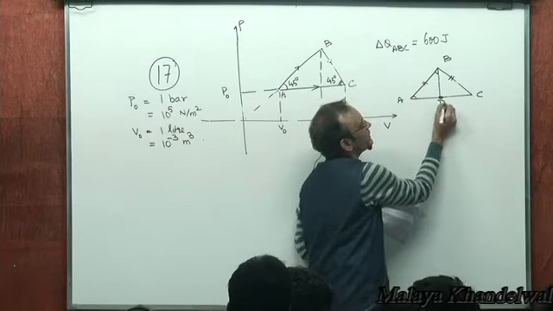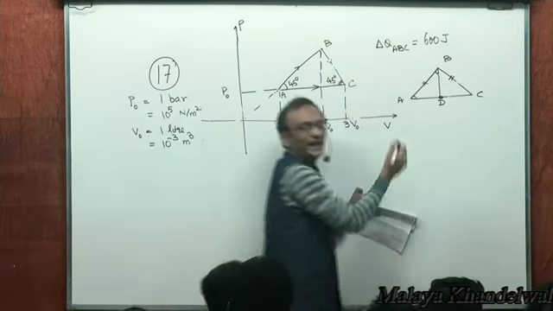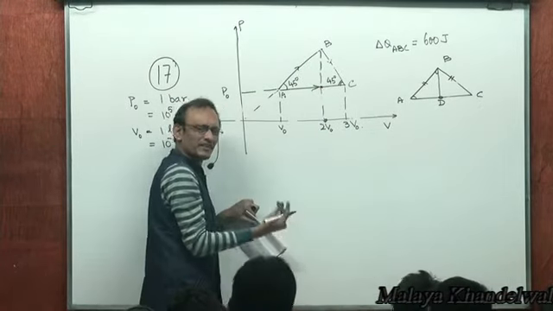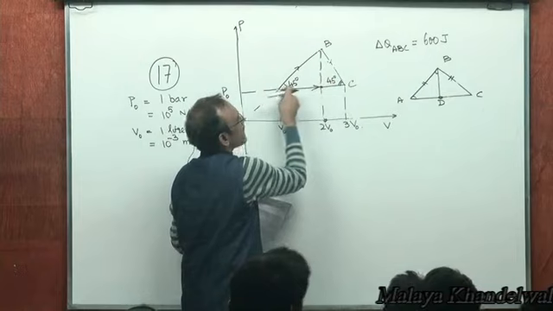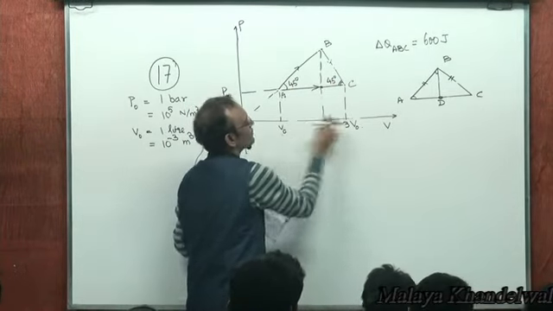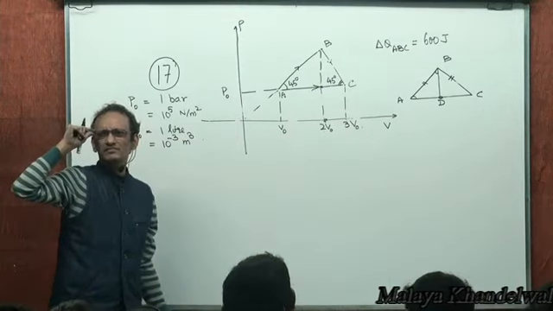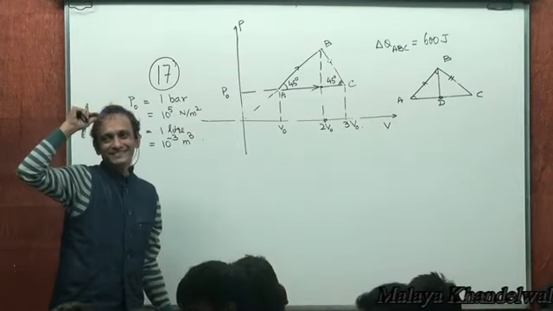So this point D would be halfway between A and C, which means halfway between V0 and 3V0.